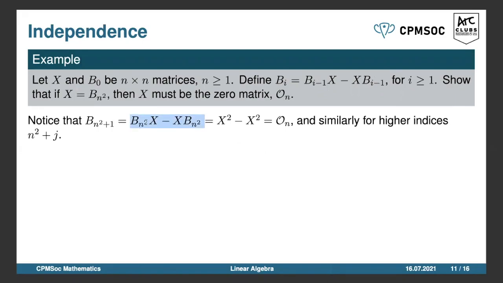And because Bn squared is X in this special case, we do actually have it commute, because Bi minus 1 is simply X, and X commutes with itself. So in this case, we do get the 0 matrix. And because we get the 0 matrix here, every matrix after Bn squared plus 1 in this sequence is also the 0 matrix, because we simply have 0 times X minus X times 0.